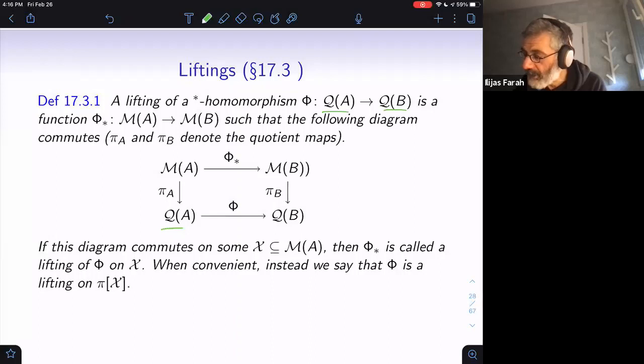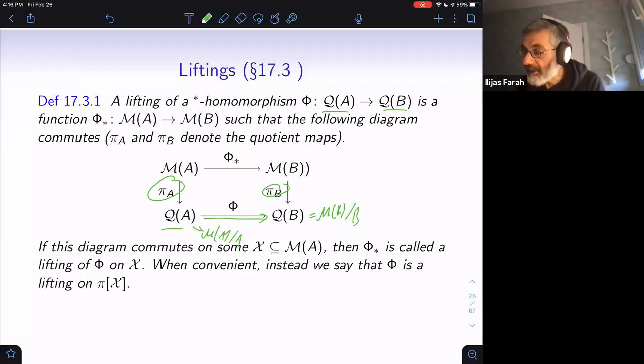So here they are, right? QB is M of B minus B. QA is M of A minus A. Here we have quotient maps. Here we have your star homomorphism. Even this doesn't have to be an isomorphism.